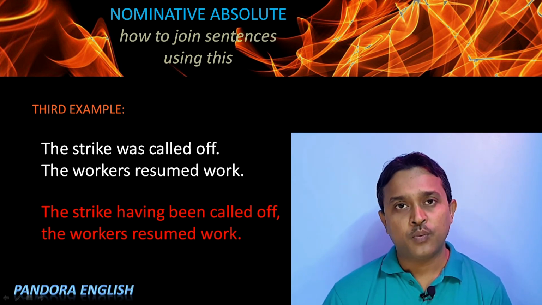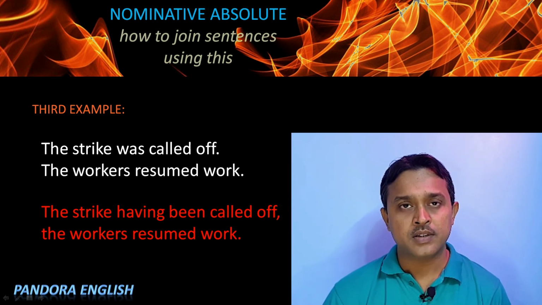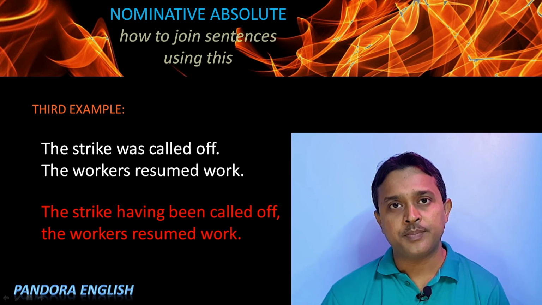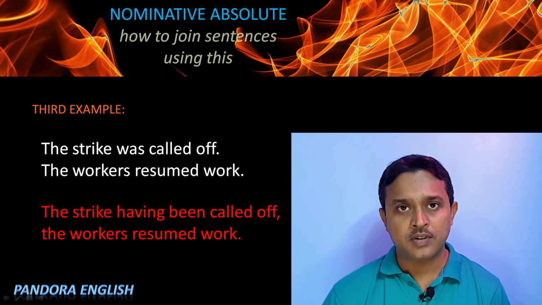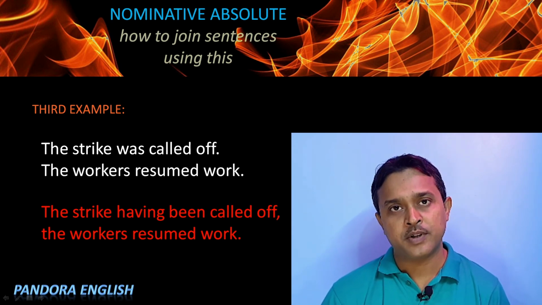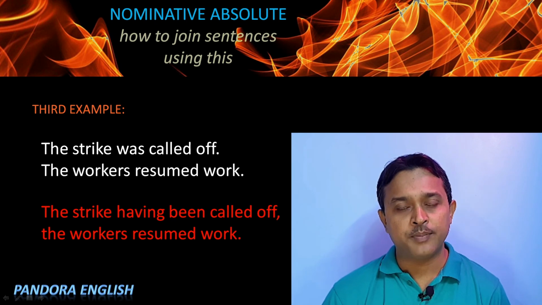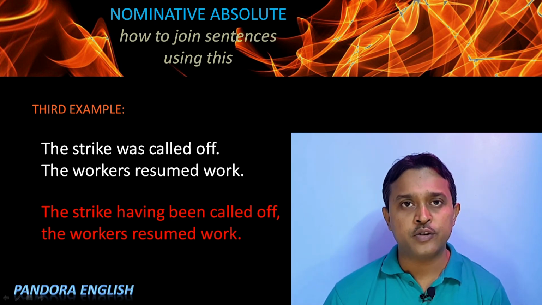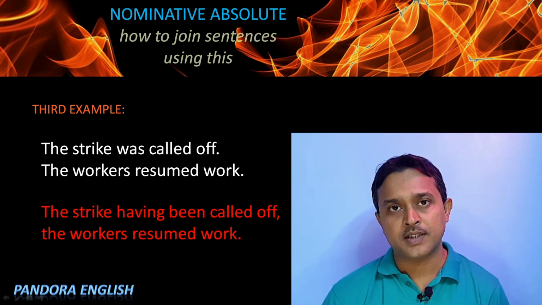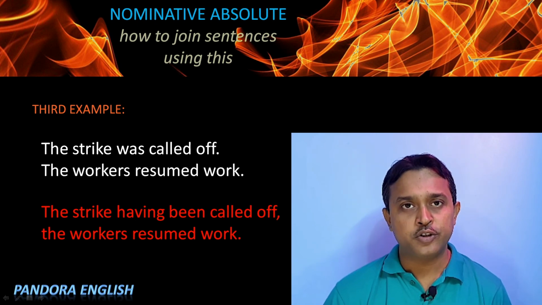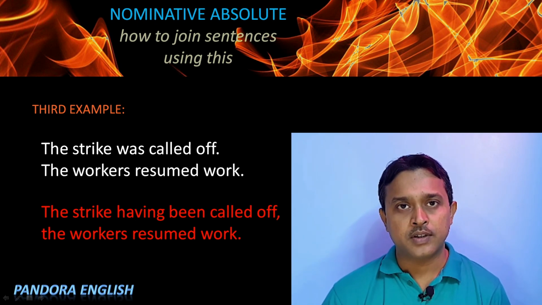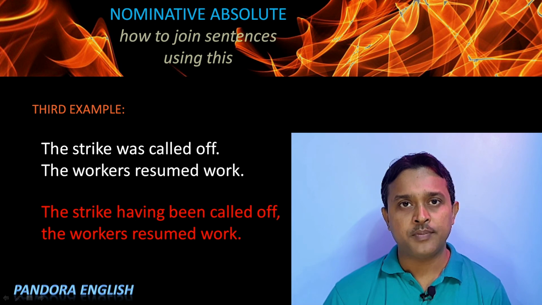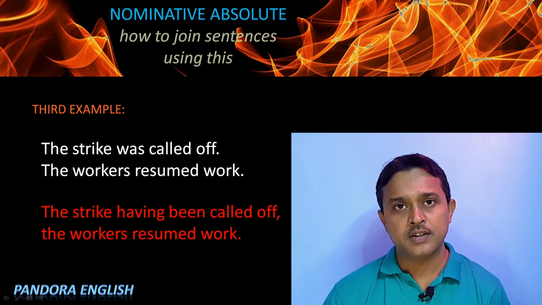Therefore, we have to use the noun plus perfect participle in the passive form, this formation of nominative absolute, to combine these two sentences into a single simple sentence. So the answer should be, the strike having been called off, the workers resumed work.